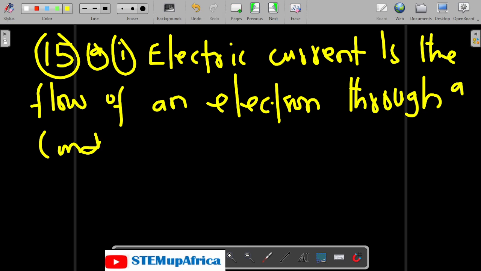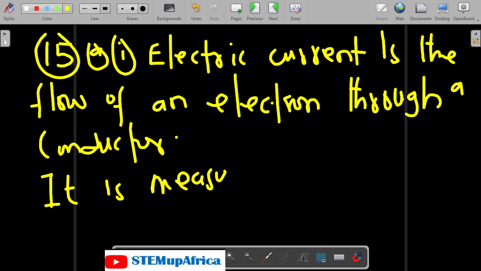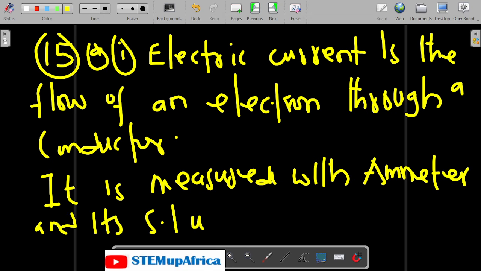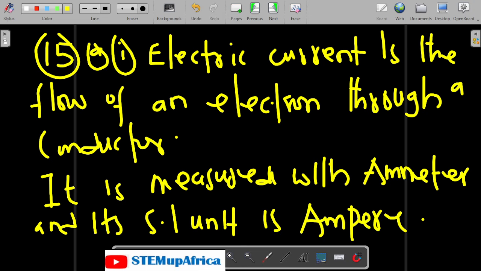It is measured, just to garnish it, with an ammeter, and its SI unit is ampere. SI unit is what? It is ampere.